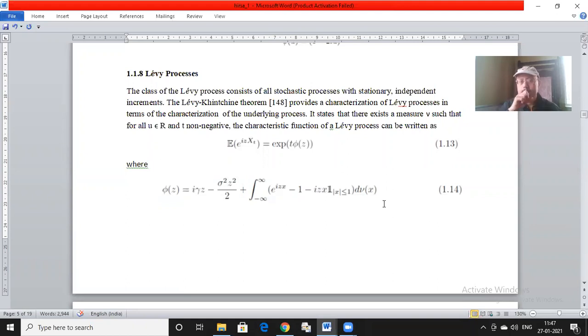You have a rather complicated object inserted here because you also need an indicator function where the absolute value of x is small. We will discuss this in more detail when we talk about the PIDEs involved with it.